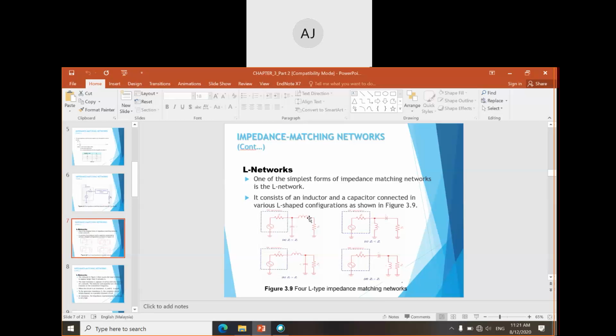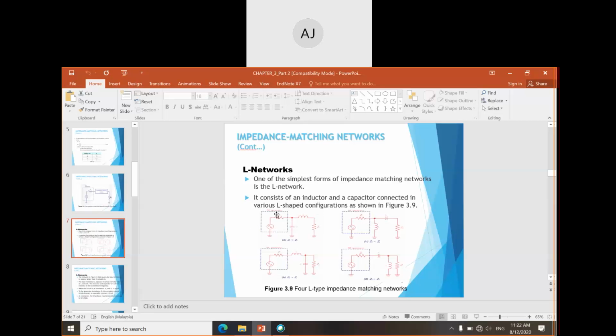It will increase the value of Z load, or impedance load. When the value of Z load is increased, it will increase together the Q factor, or the quality of the whole system.